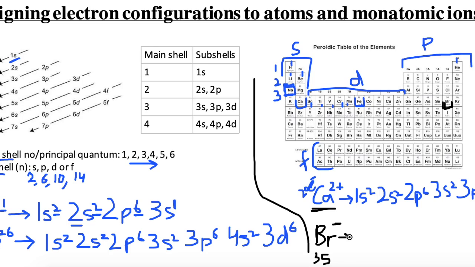So we will start writing the electronic configuration of bromine starting from the lowest energy level. 1s2, 2s2, 2p6, 3s2, 3p6, 4s2.